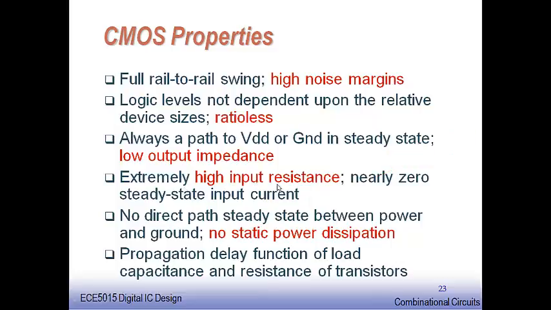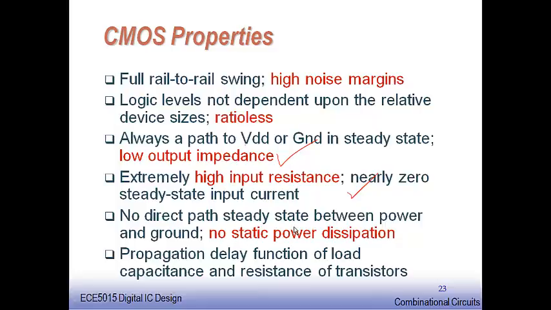Taking into account the output impedance, you have either a path to VDD or ground, therefore very low output impedance. And with the gate, ideally speaking, you have a perfect insulator between the gate and the channel, so you have the maximum input resistance, theoretically infinity, though it's not going to be exactly so because you are talking of the order of angstrom thicknesses for the gate material, the silicon dioxide.